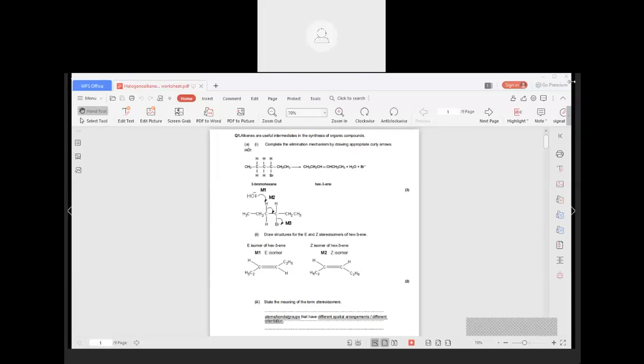For halogenoalkanes, the main point is you should be able to differentiate between the reactions of nucleophilic substitution and elimination. The reaction of halogenoalkanes is mainly nucleophilic substitution. It never undergoes electrophilic substitution, electrophilic addition, free radical substitution, or nucleophilic addition.